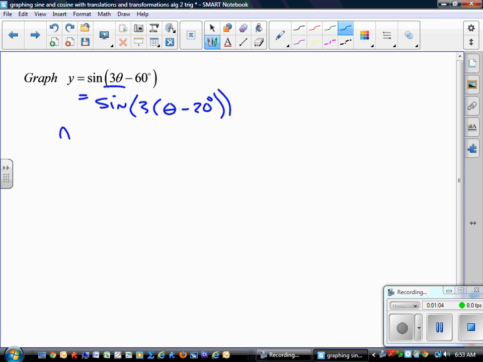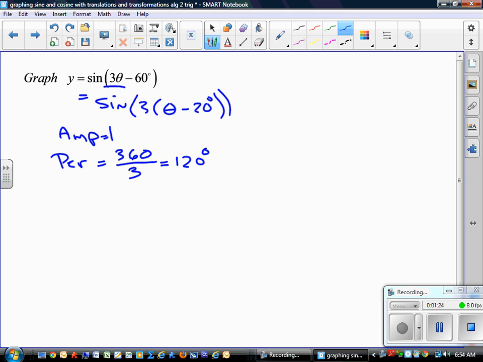Okay, I got an amplitude of 1. Now my period is going to equal 360 or 2 pi, however you want to look at it, over the k value, which is 3, or 120 degrees.